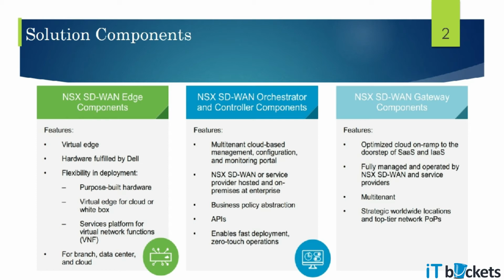Gateways optimize data paths from the edge device to applications in the cloud, branch, and the data center, along with the ability to deliver network services to and from the cloud through service insertion. Gateways are multi-tenant capable and make cross-network deployment possible to create multi-region SD-WAN for global corporations.